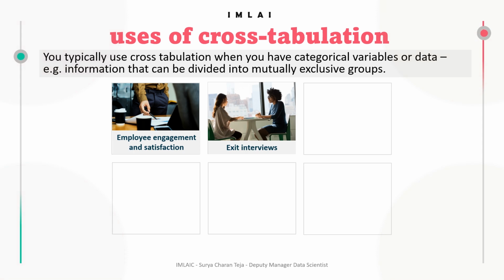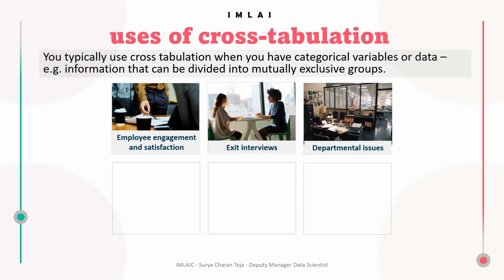Then exit interviews. Why are employees leaving and what could you do differently? Is there a correlation between employees leaving and progression? That's just for example. So is there a specific correlation between employees leaving and progression? Based on these problem statements, you can build on it.